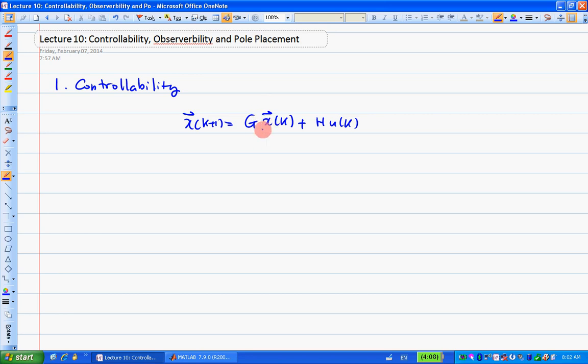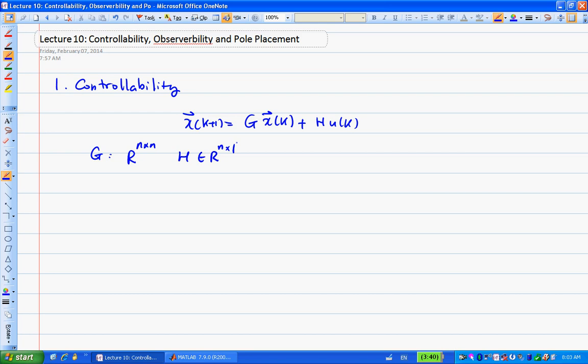In the lecture notes, you will probably notice a slight change of symbols. In the first lecture, when I used the discrete one, I used A and B, but from here in the lecture notes, I use G and H. It's just to be more consistent with the notation in the textbook, but it really doesn't matter. So G in general is an n by n matrix, and H is an n by 1 matrix, of course.